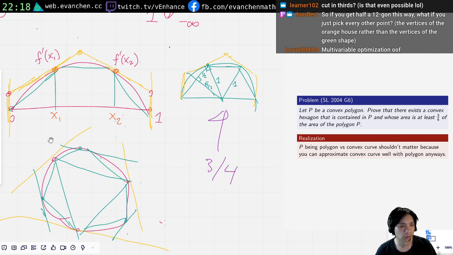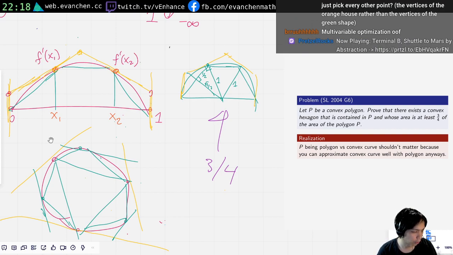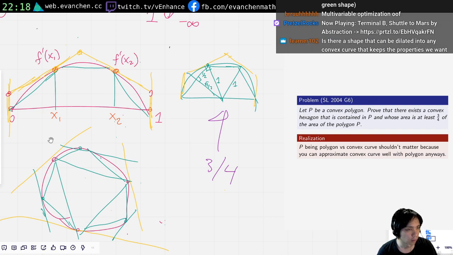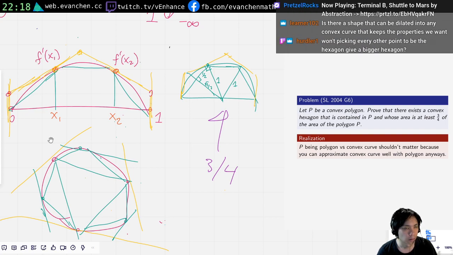So if you get a 12-gon this way, what if you just pick every other point? Yeah, oh, I see.